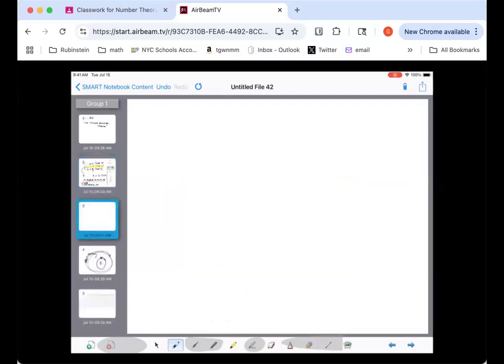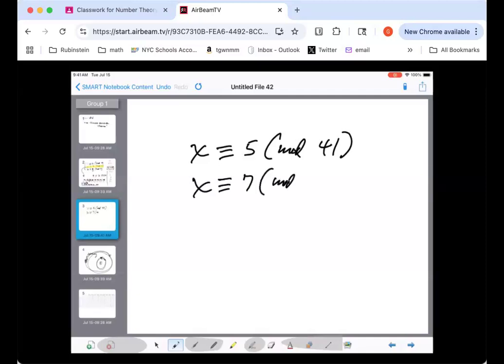If I change the question to be remainder 5 mod 41, and remainder 7 mod 93, and 3 mod 107, well, suddenly we'd be in trouble, because that could be a really large number, and I'm not going to be able to use that much logic.